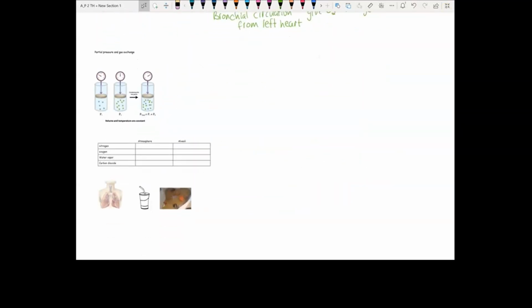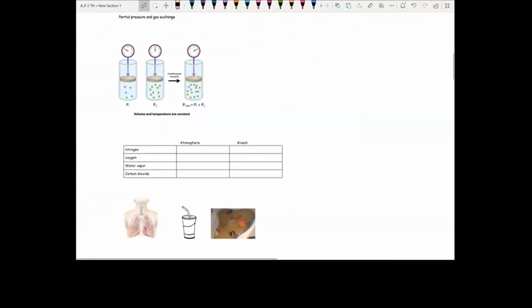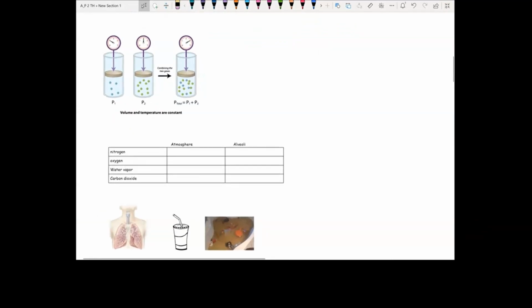Now let's look at partial pressure and gas exchange. So we know that the atmospheric pressure is 760 millimeters of mercury. We talked about millimeters of mercury back when we covered blood pressure. It's the same idea. You have a tube with a bulb.